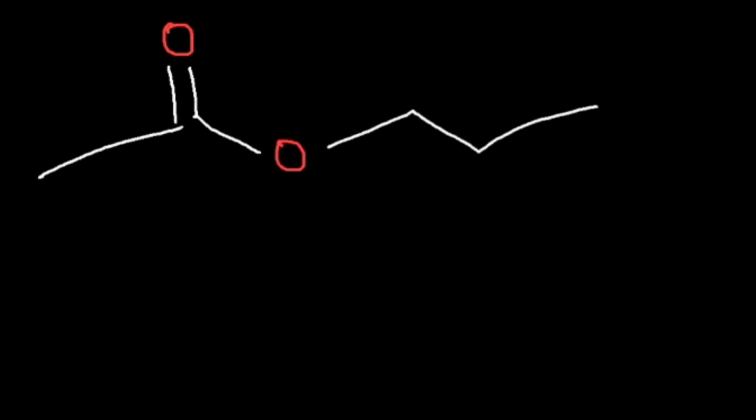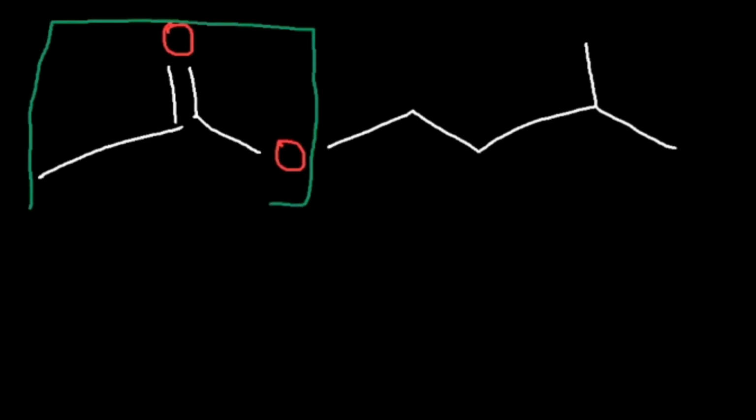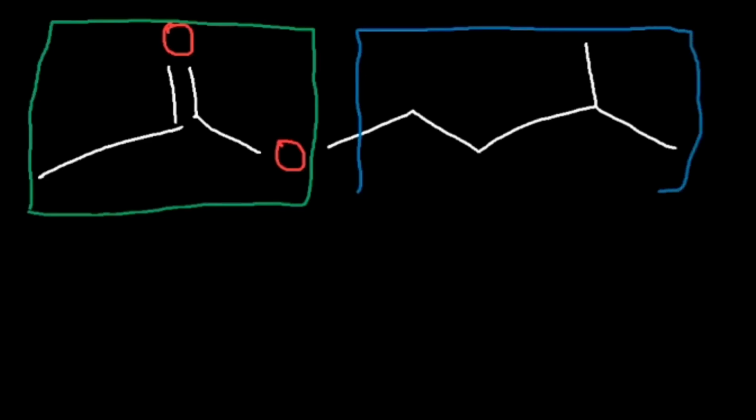Now what about this one? How can we name this particular ester? So once again, let's separate it into 2 parts. This is the portion that has the 2 oxygens, and this is the part that doesn't have the 2 oxygens.